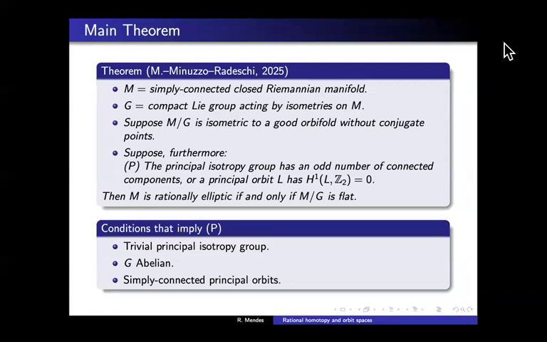So this is a space without conjugate points. So this is an orbifold without conjugate points just from the variationally complete. So I don't think you can get... I don't know.